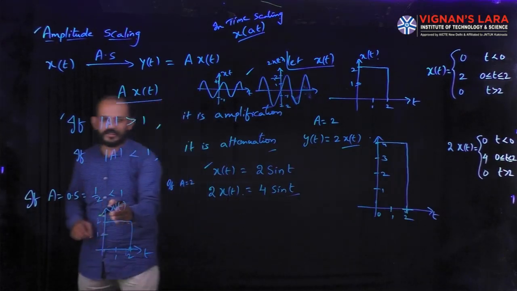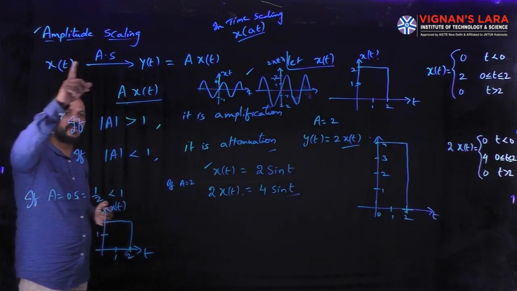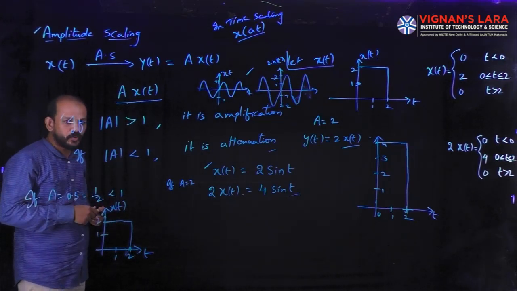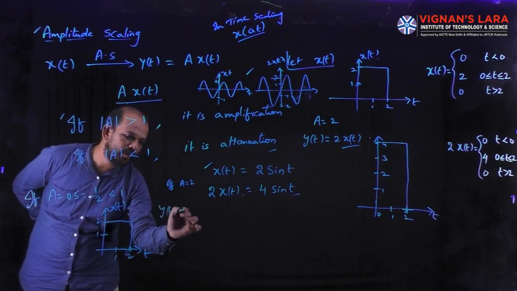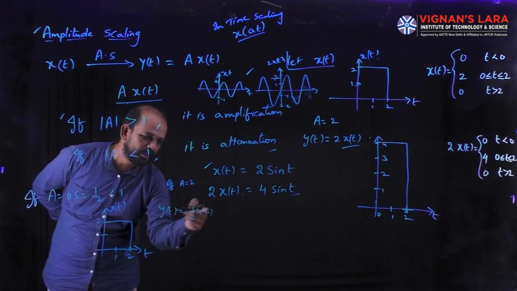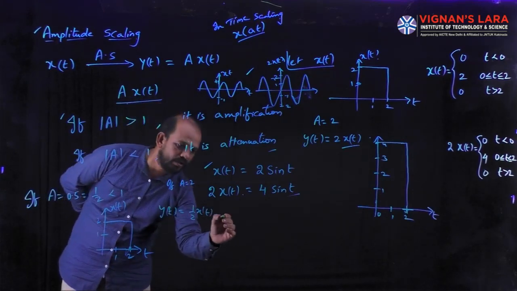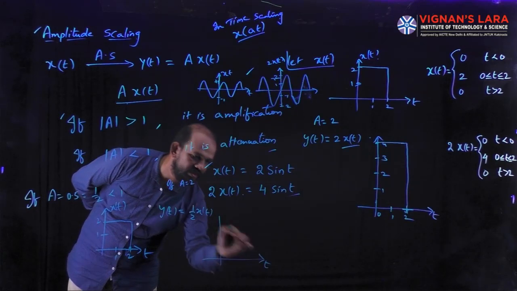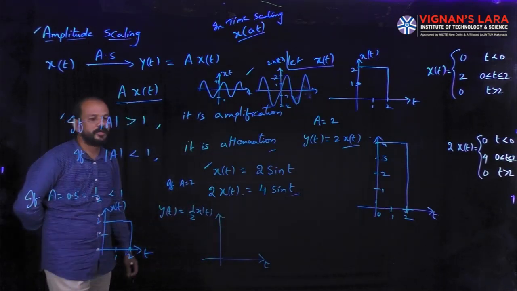Now for this signal, I have to perform the amplitude scaling for mod A less than 1. Here I have taken A as 1 by 2. So here y of t equals A, that is 1 by 2 into x of t. Now I have to write the signal for this 1 by 2 into x of t. How will you write? Simple logic.